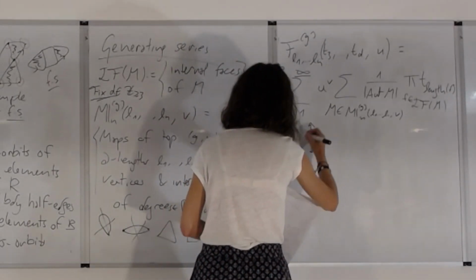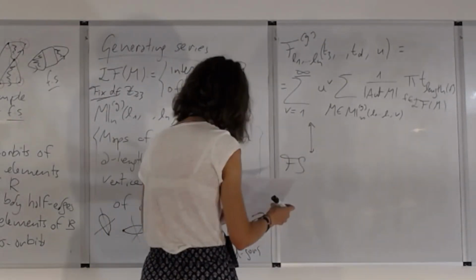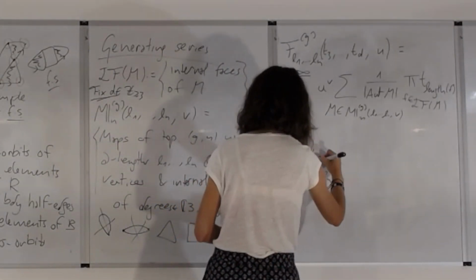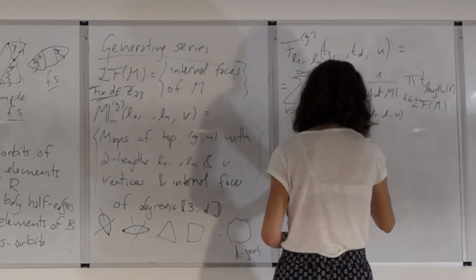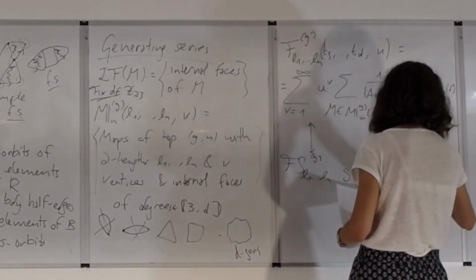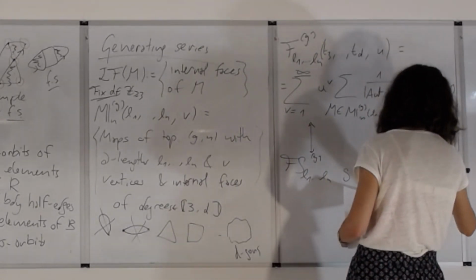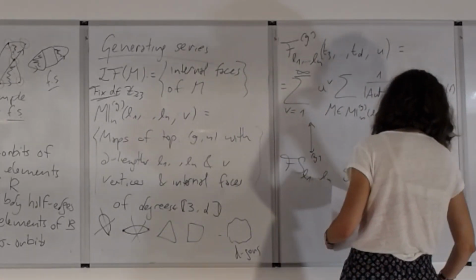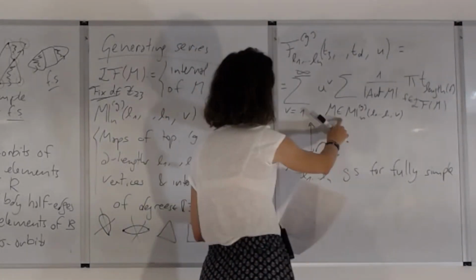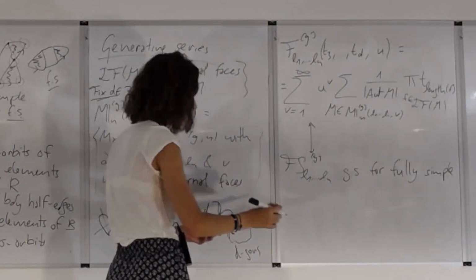And we have the analog, which is the fully simple one, that I will write much more quickly, because you can guess how to fill in the details. It's just the generating series for fully simple maps. It's exactly the same, except that here you need to sum, of course, over fully simple maps.